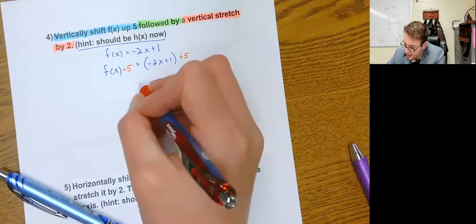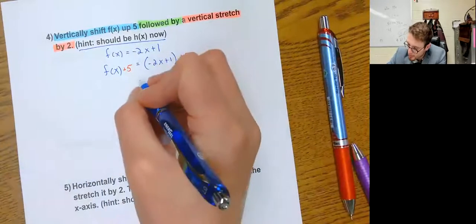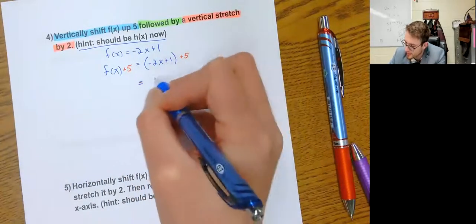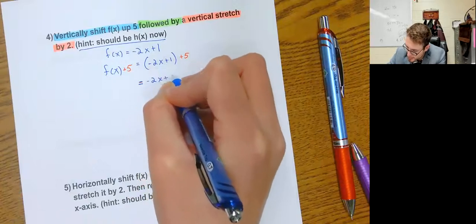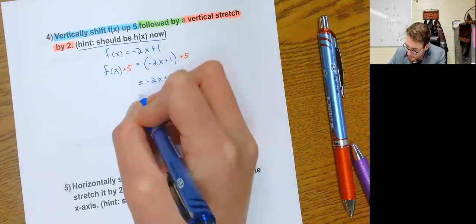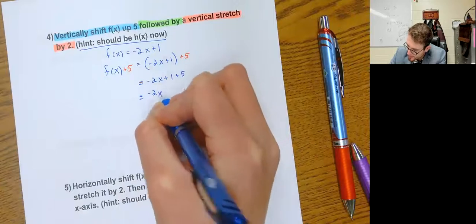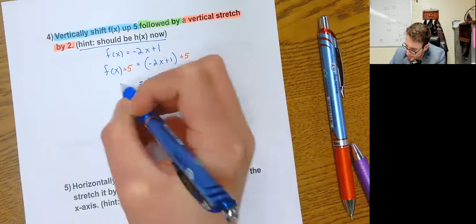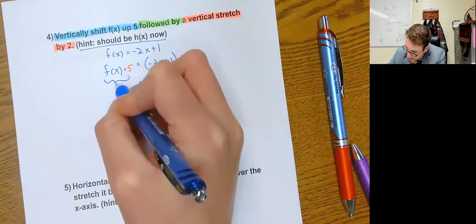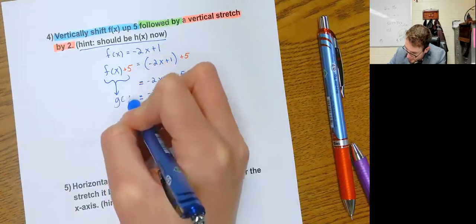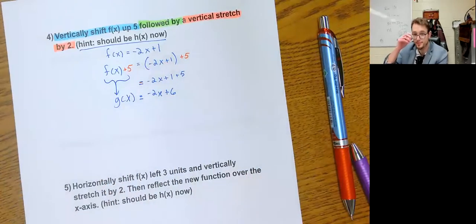So what we get is just equals negative 2x plus 1 plus 5, which equals negative 2x plus 6. So that would be g of x.